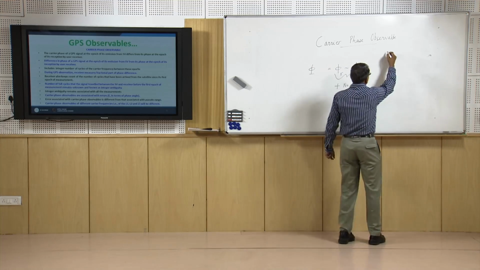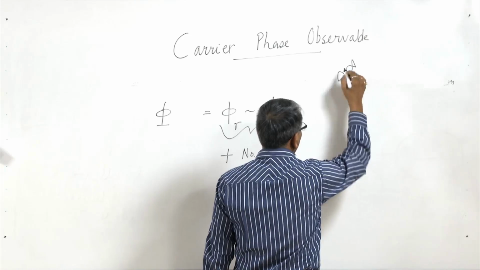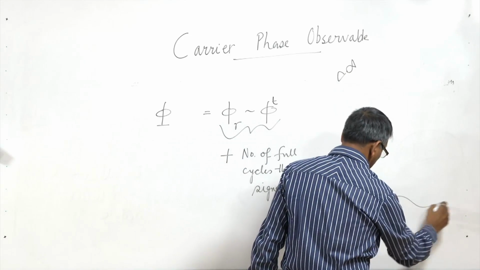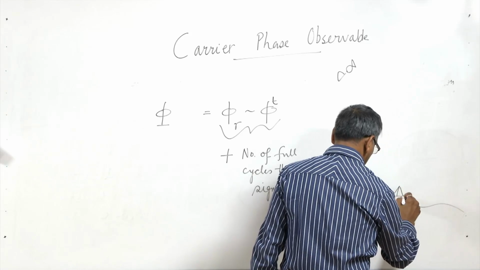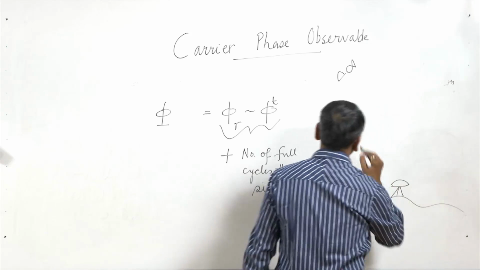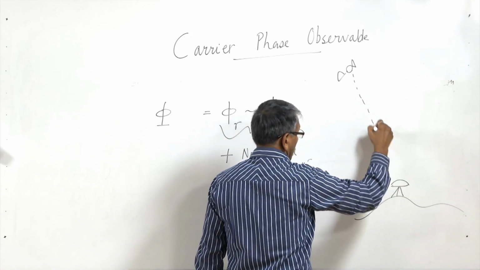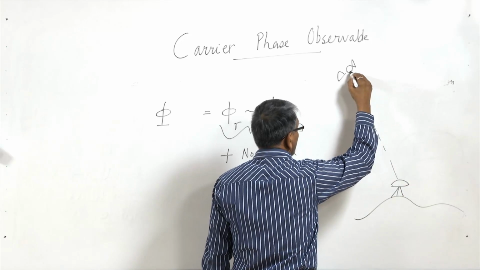So if we see, suppose this is the satellite and this is the receiver. So what is there?